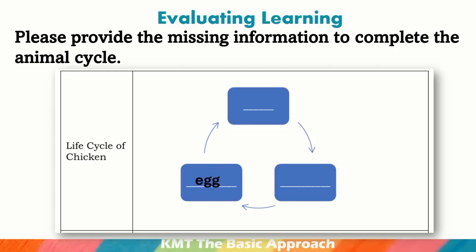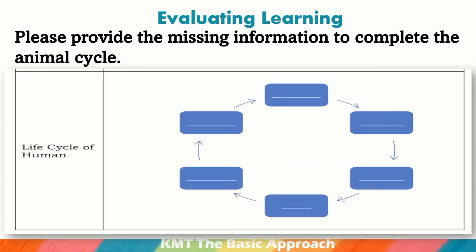We have egg, chick, and adult. And last, the life cycle of human. First is fetus, baby, childhood, adolescence, then we have adulthood, and last, the old person.